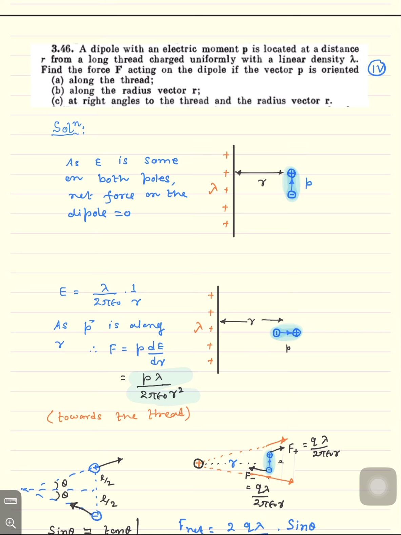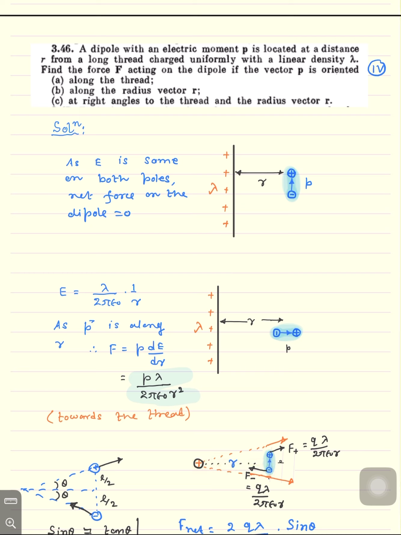We can say if the thread is along the z axis and the radius vector is along the x axis, then the dipole is along the y axis. So in this case, try to observe the thread from the z axis, from the top. From the top I am observing it is oriented along the z axis. This is the x axis in which the distance is r, and the dipole is placed along the y axis like this.